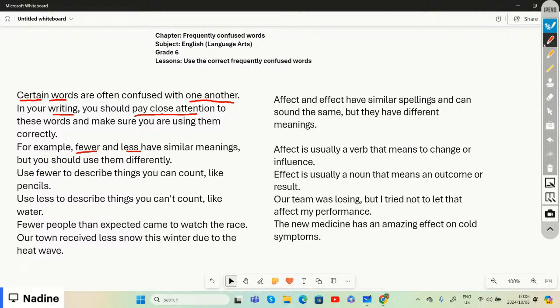So once again, if we look at the word fewer and the word less, they have similar meanings, but you need to use them differently.